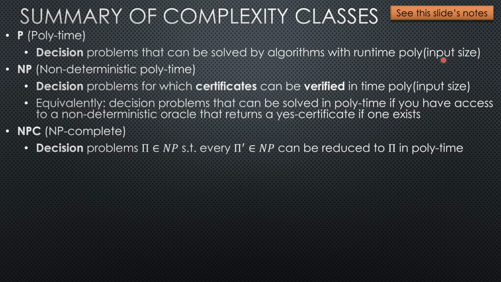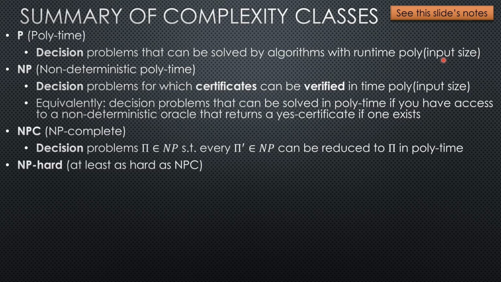It's generally enough to show that a polytime transformation exists from pi prime to pi for some NP-complete problem pi prime. And in order to show pi is an NP-complete problem, you have to show a reduction from another NP-complete problem pi prime, and you also need to show that pi is in NP. We've seen proofs at various times about proving something is in NP.